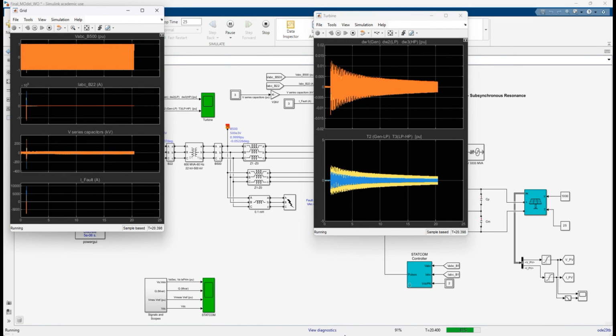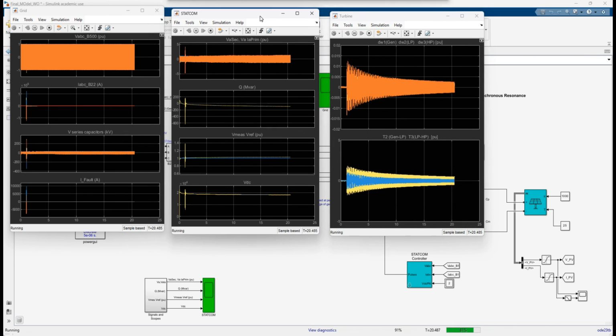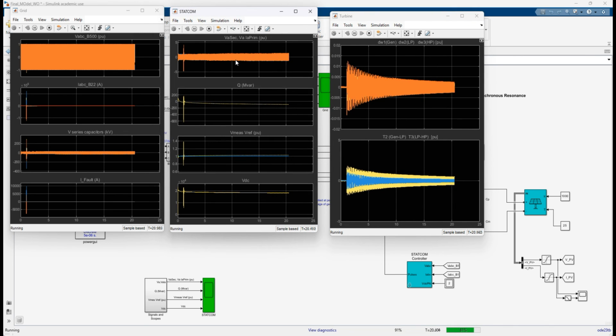And also here you will see the different results. Grid voltage, current, and series capacitor voltage, and then this is the primary and secondary voltage of the STATCOM, and this is the reactive power of the STATCOM, and then the DC link voltage.